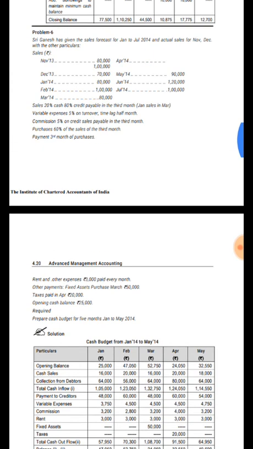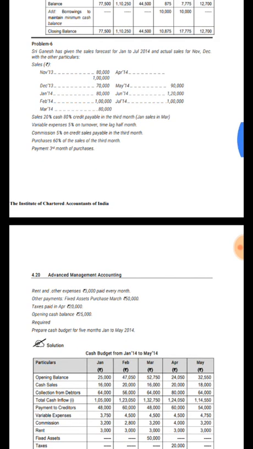So first what we'll do, we'll find out the cash and credit sales. Since it's saying payable in the third month, we will take from November, because November will also be paid in the third month. November, December, January, like that.